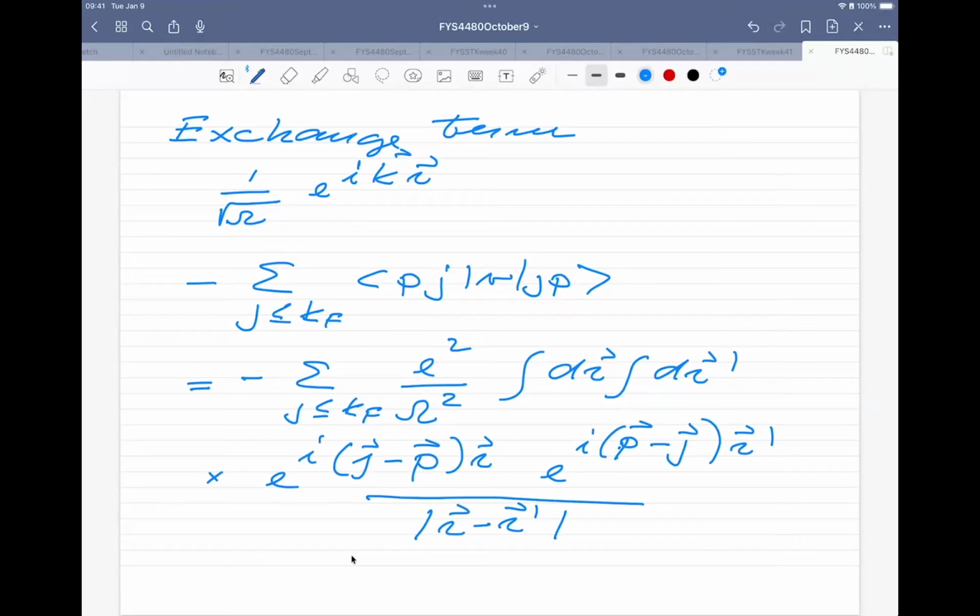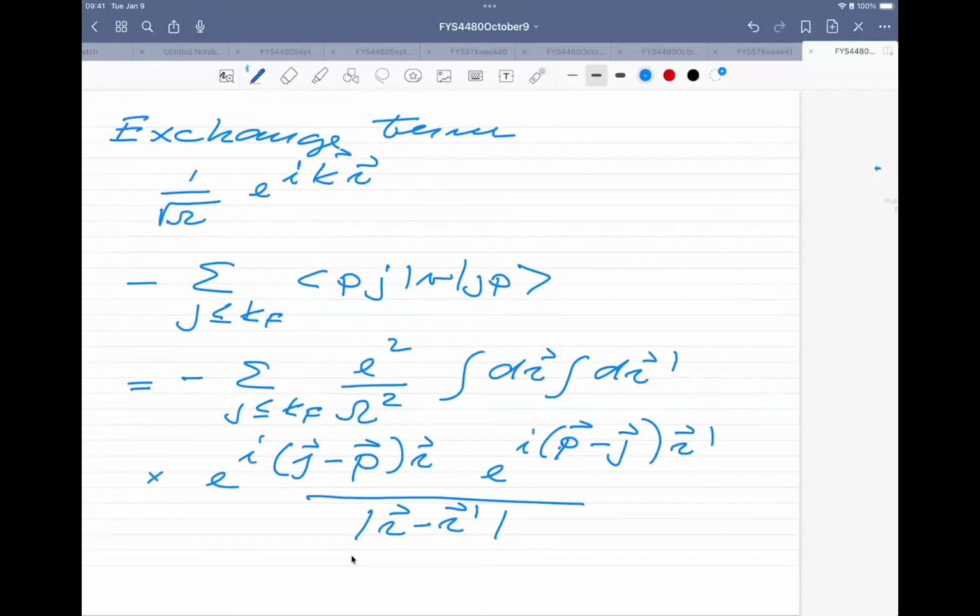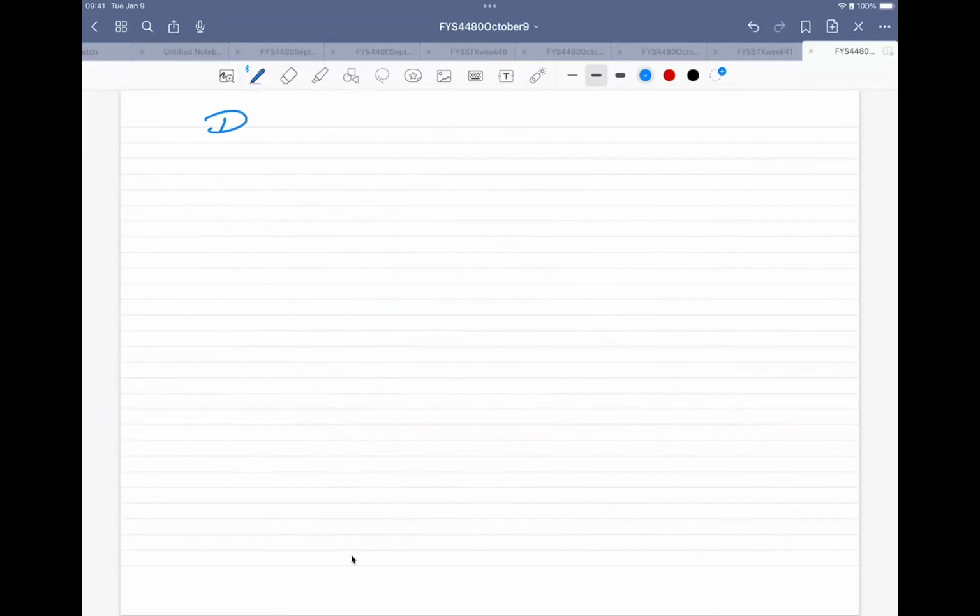Then there is also a direct term, which we have to look at. So we looked at the exchange term. Before we do anything now, let's look at what the direct term is going to look like. The direct term is going to be given by a factor of 2.